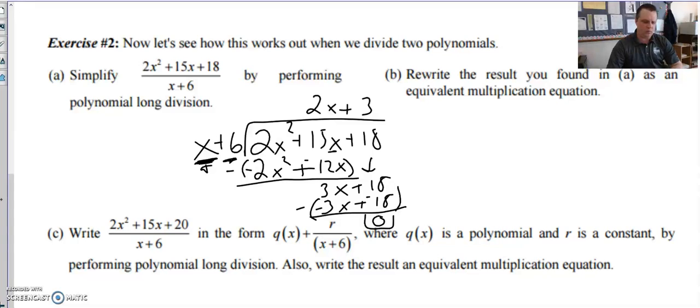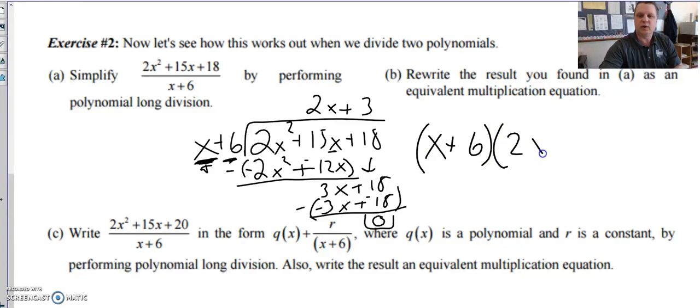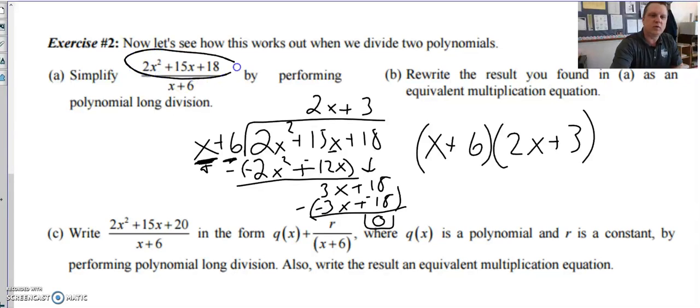Okay? So what that means is you have x plus 6 times 2x plus 3 will equal this numerator of 2x squared plus 15x plus 18. And that is how you would write it. Just like that. So that would be the answer.